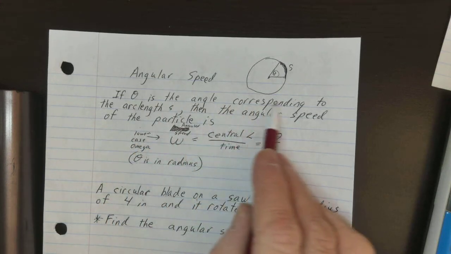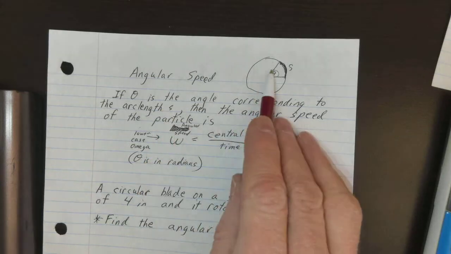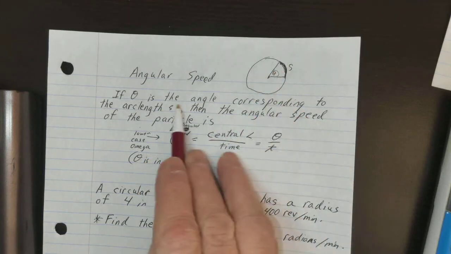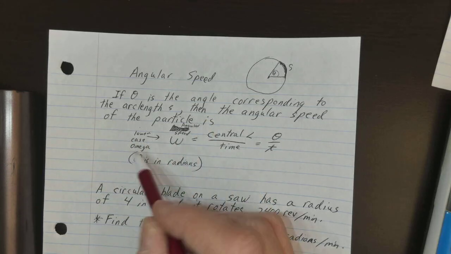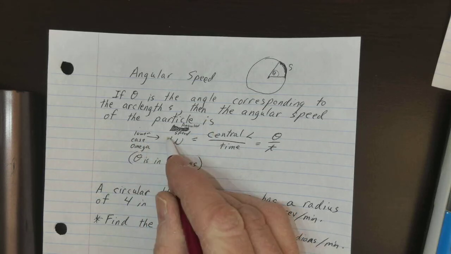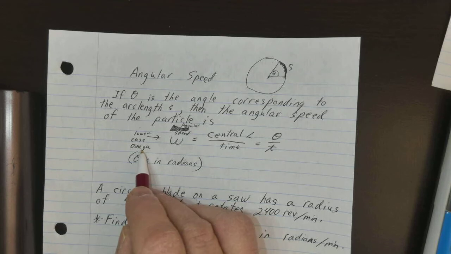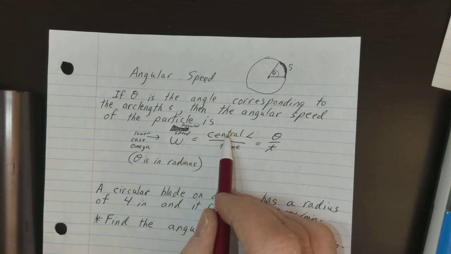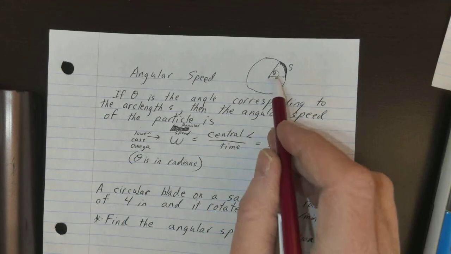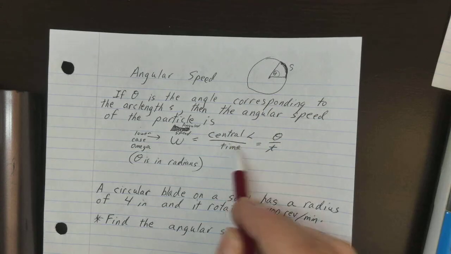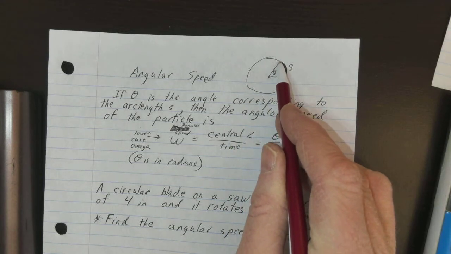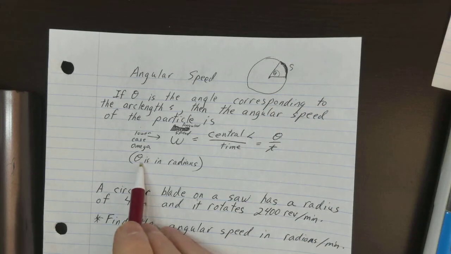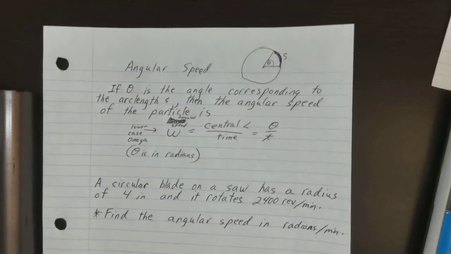Then the angular speed of the particle is, and this is a curvy w, a lowercase omega, the measure of that central angle, whatever theta is, over the time it takes for the particle to get from here to here. Theta in this setting is in radians.